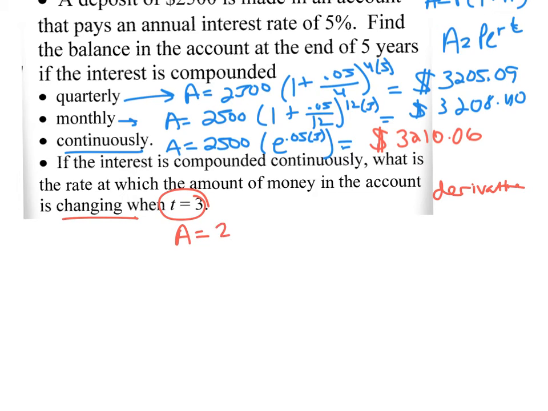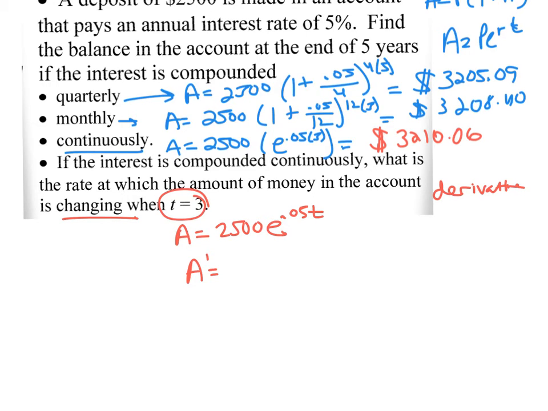We have A equals 2,500 e to the 0.05 t, but we're looking for t, because we don't know the rate at which the amount of money is changing when t equals 3. So at the moment t equals 3, we'll know the amount it's changing. We actually have to find the derivative before we plug in for t.